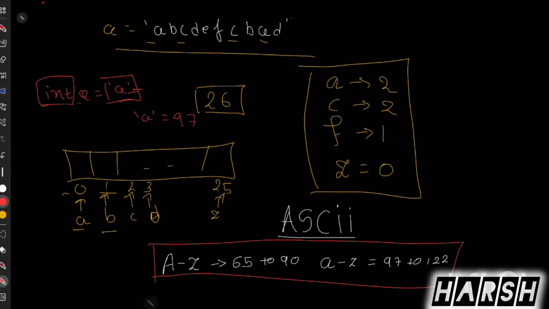So when I print the value of Q, the output is 97. Let's say I declare another variable P equal to 'b', so its value will be 98.